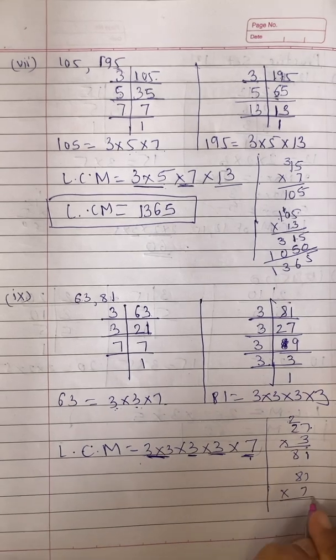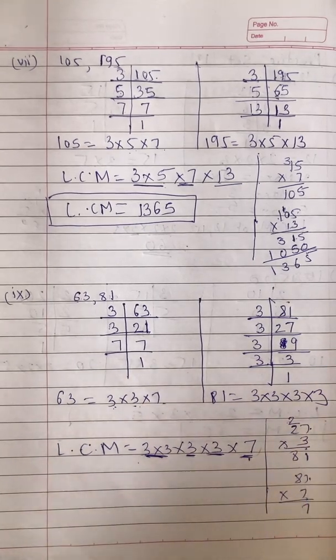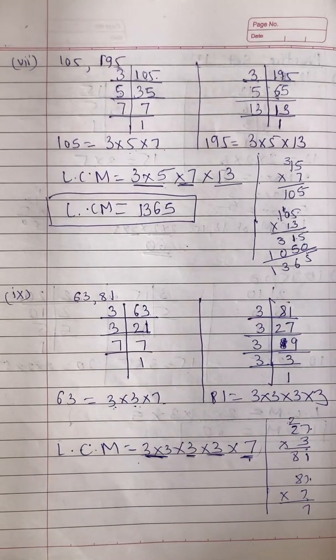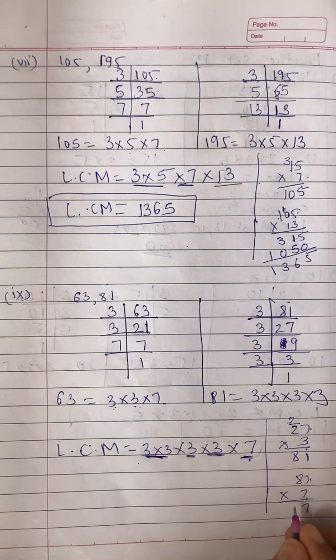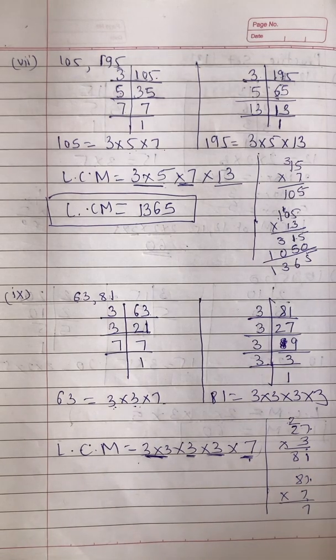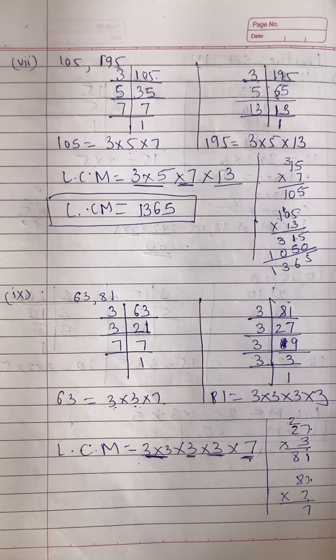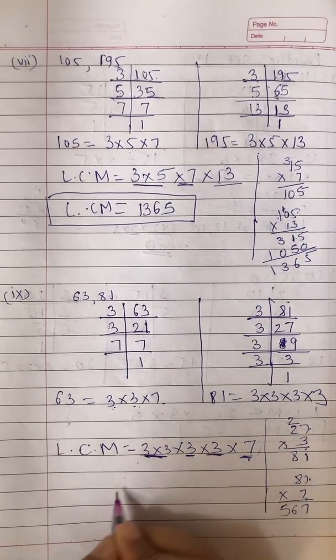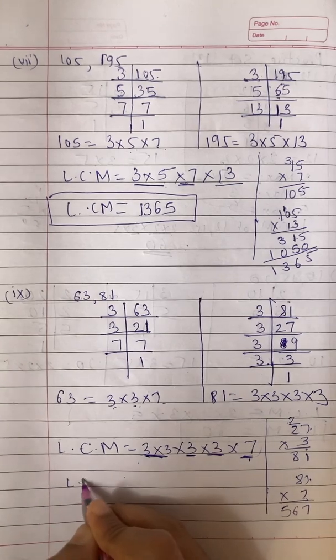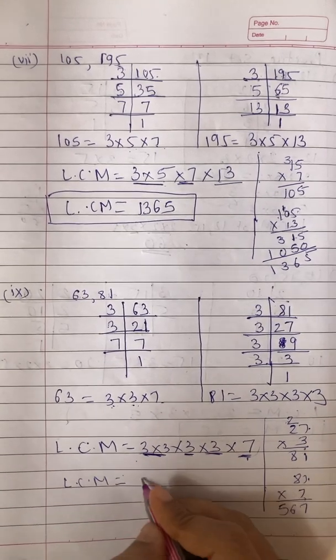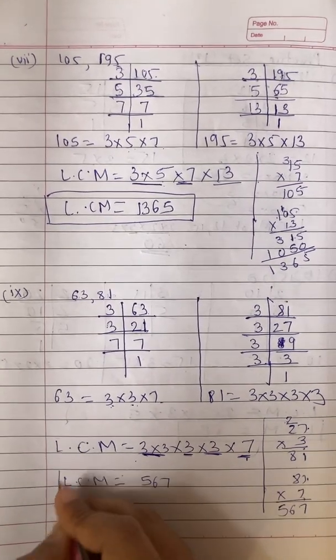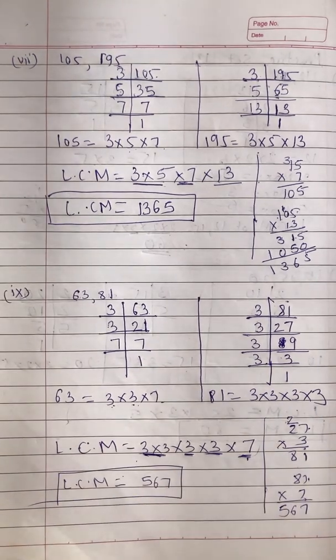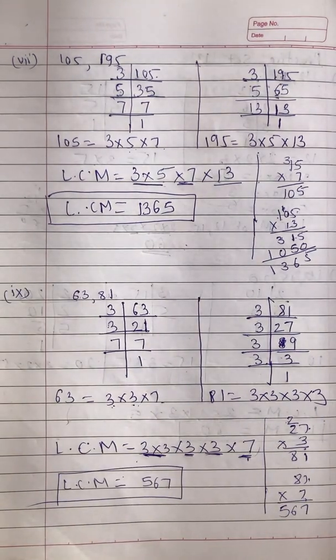Finally 7 1s are 7 and 8 7s are 56. Am I right? Yeah. So LCM is equal to 567. So this will be the answer.